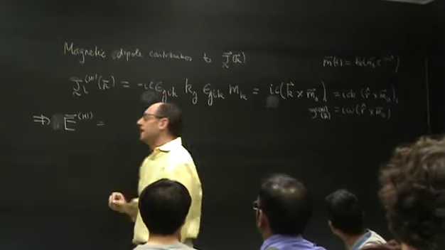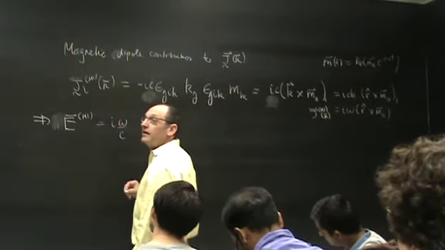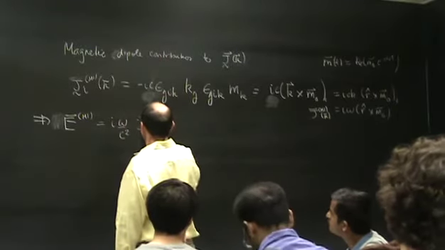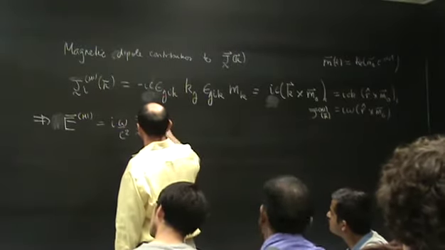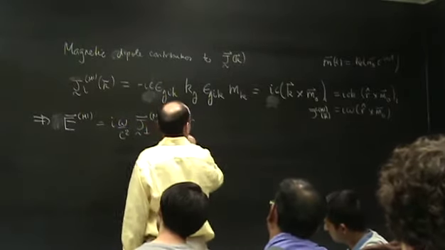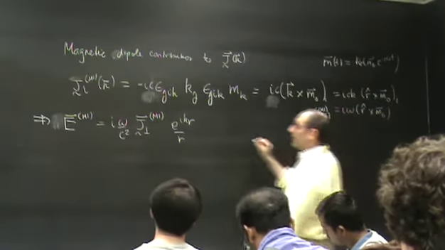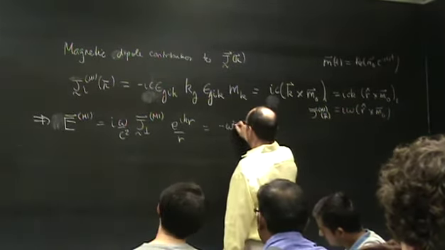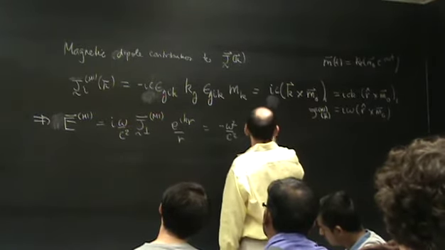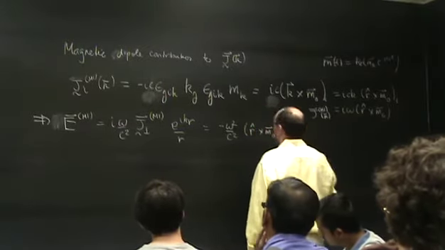We take i omega over c squared, the transverse component of this guy, the M1 contribution e to the i k r over r. This is already transverse. So then this becomes minus omega squared over c squared r hat cross m naught e to the i k r over r.